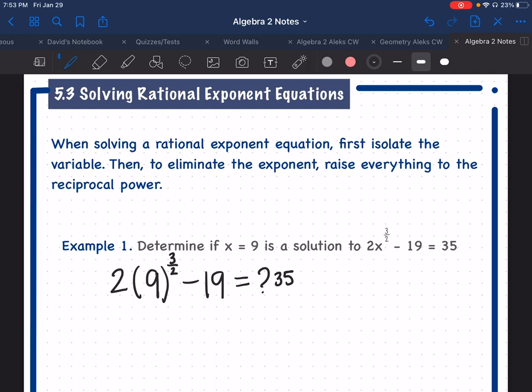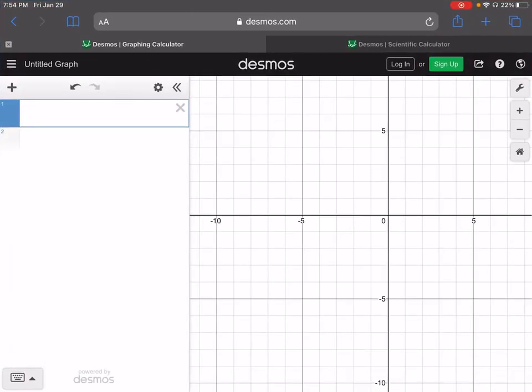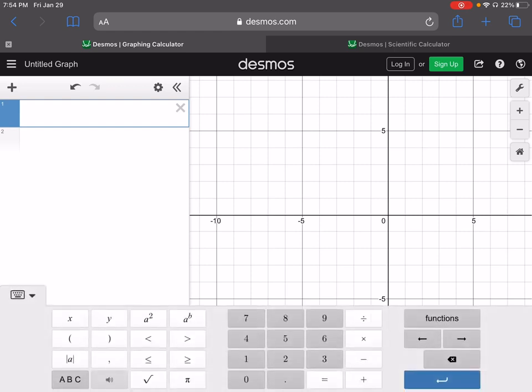Okay. I'm going to show you a cool feature that I found out on Desmos, and I'm going to multiply the 9 to the 3/2 power. So let me switch over to Desmos. I'm going to click up the keyboard. I don't know if you knew this, but Desmos is really a calculator as well as a grapher.